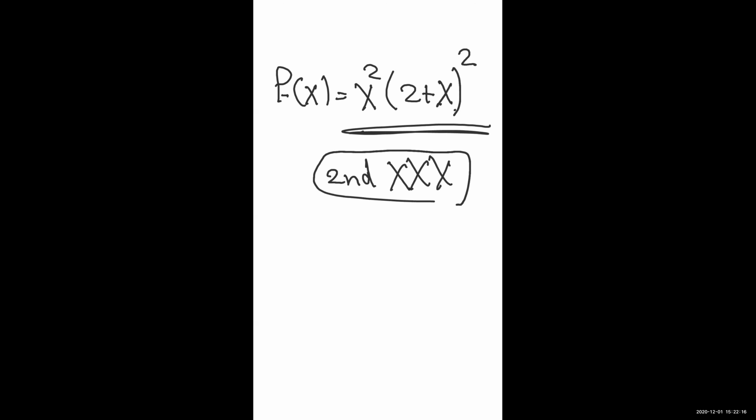Why? Because we have to simplify it first. So how to simplify? Simplify this bracket and then multiply by x squared. So f of x will equal x squared times 2 plus x squared. How to simplify this one? We studied a simple rule before.